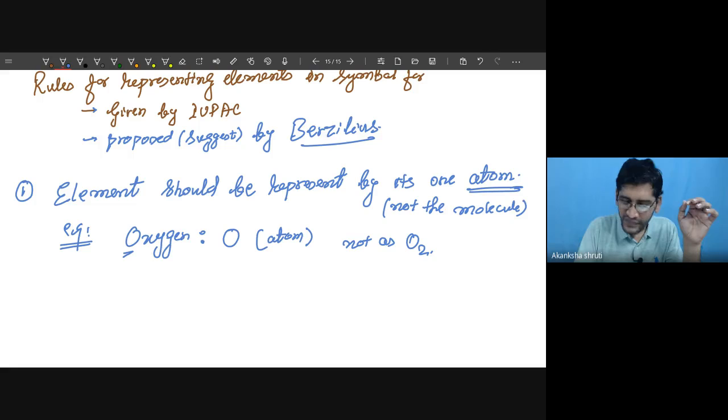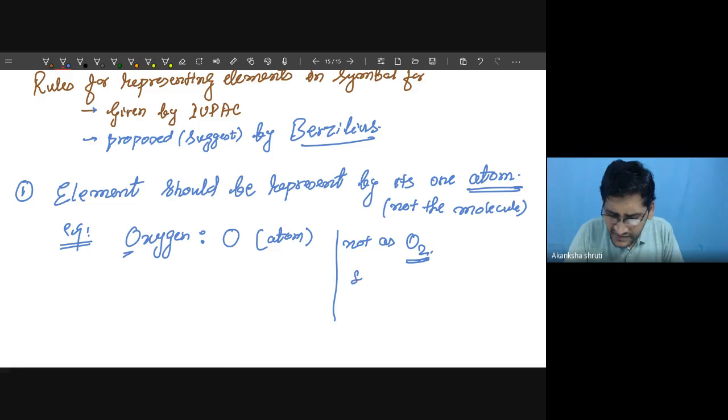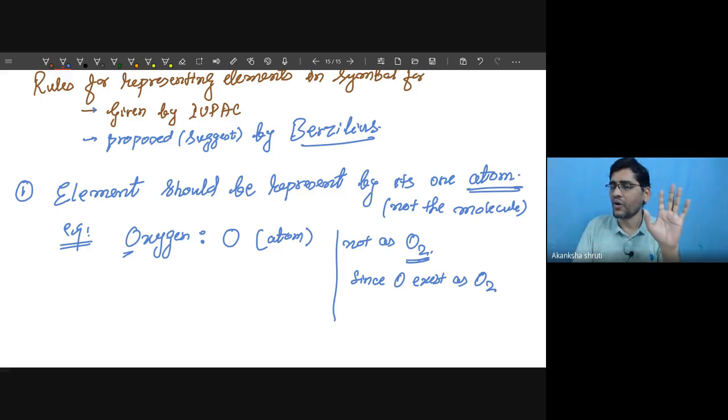Okay? So O2 is not the representation of oxygen. What does O2 represent, students? Since oxygen exists as O2, not as a single O, in the free state. Therefore, in reactions only.